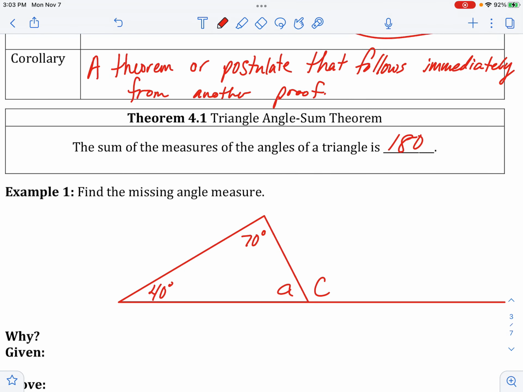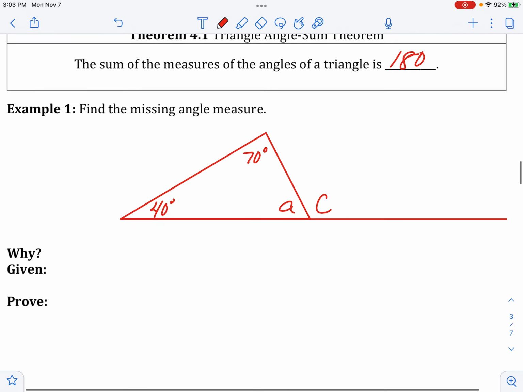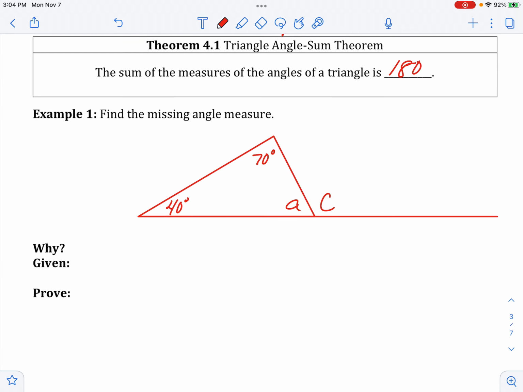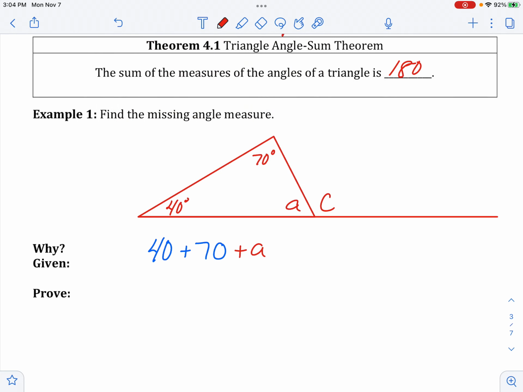So here's an example of our exterior angle theorem. The sum of the angles of a triangle is 180. So if I want to find out why the exterior angle theorem works, I've got 40 degrees plus 70 degrees plus A equals 180.